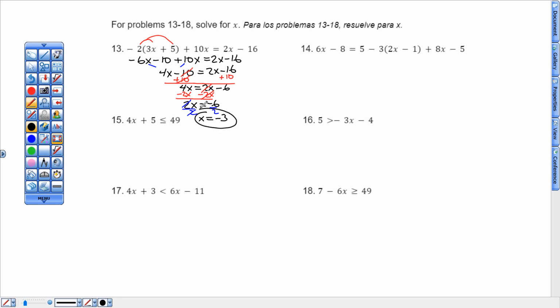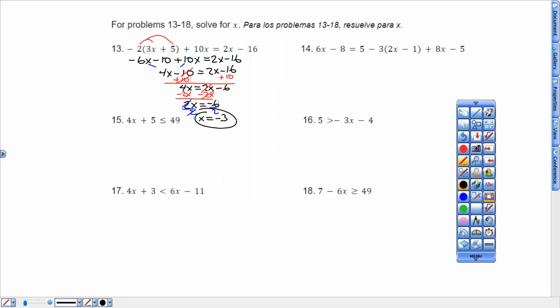All right, 14, doing another one of those: distribute, combine like terms. This gives me 6x minus 8 equals 5 minus 6x plus 3 plus 8x minus 5.